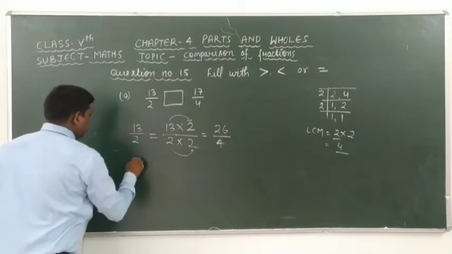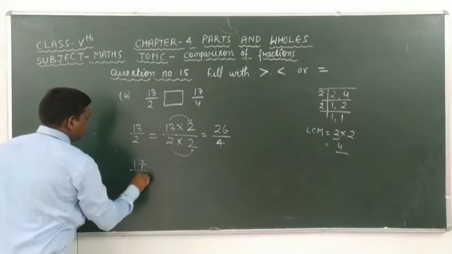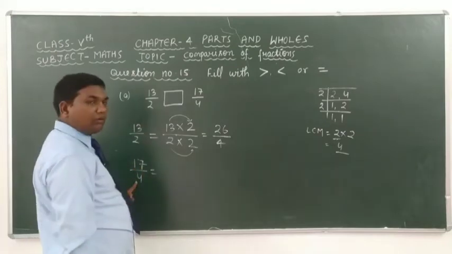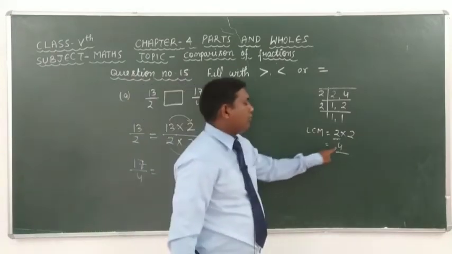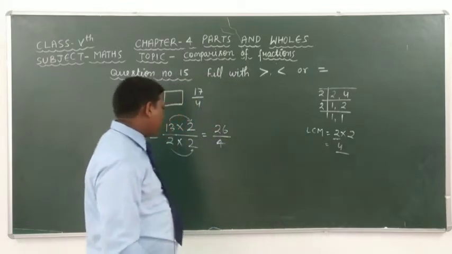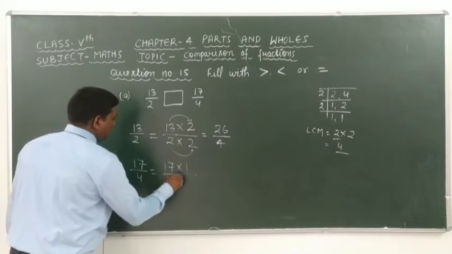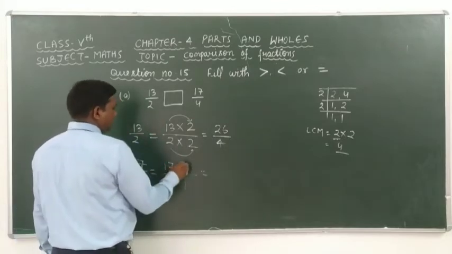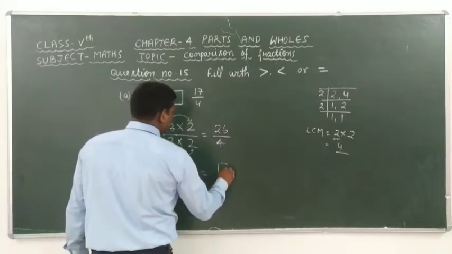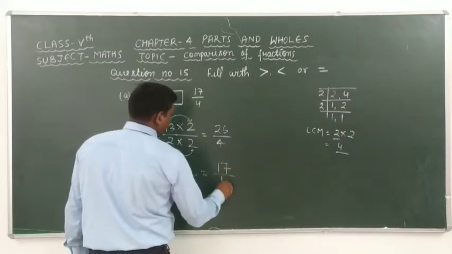Again we can write here 17 over 4. Here given that 4 and here 4, 4 1s are 4, therefore we can take the multiplication of 1 in numerator and denominator. Therefore 17 1s are 17 and 4 1s are 4.